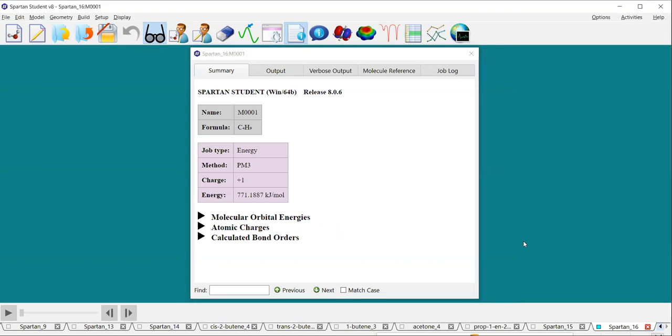Perfect. Let me check if I did everything correctly. And yes, it seems like that. And here I did some modifications. I minimized all constructed molecules and measured their energy.